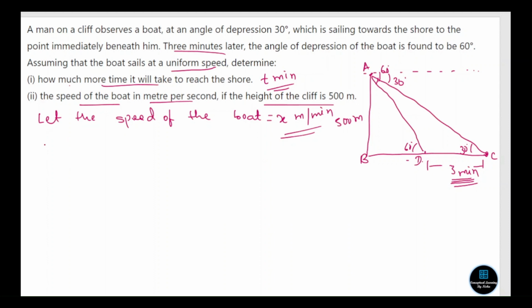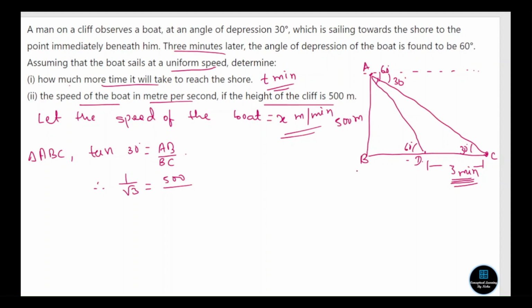Now, if I take the first triangle, triangle ABC, tan 30 degrees is equal to AB upon BC. Let's put in the values: 1 upon root 3 is equal to AB, which is 500, upon BC.